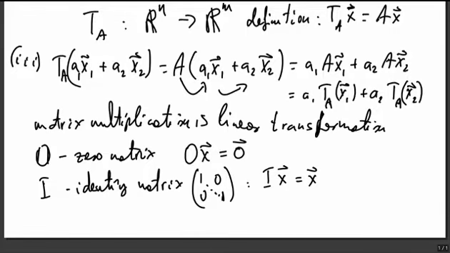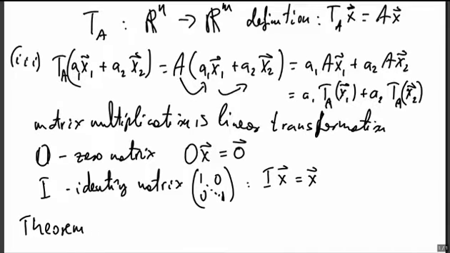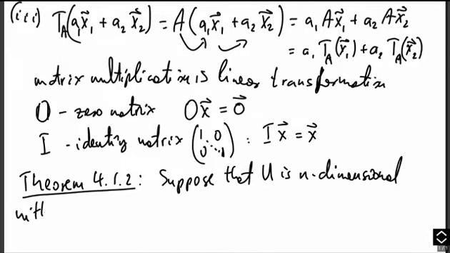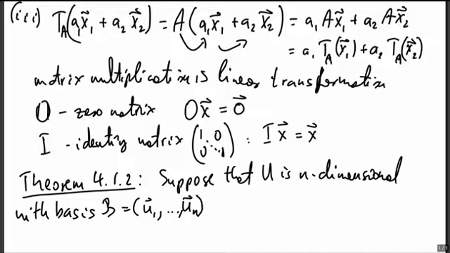The one theorem in this section is Theorem 4.1.2. It says that suppose that U is n-dimensional with basis B, with vectors u1, u2, ..., un. So n means n-dimensional.